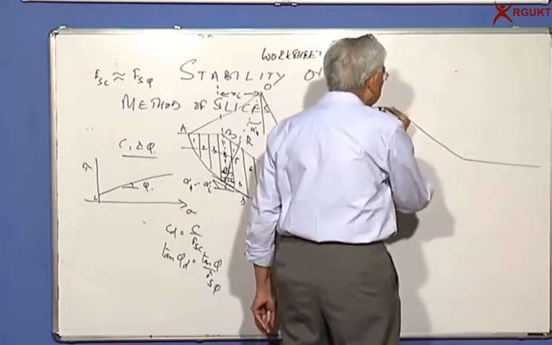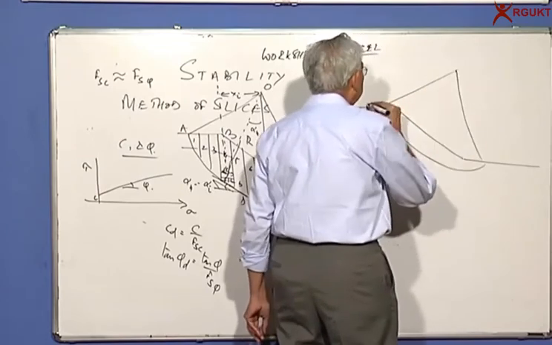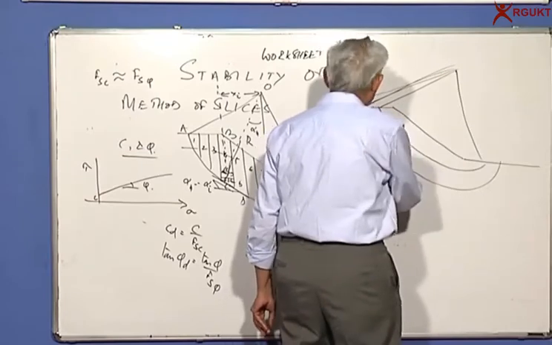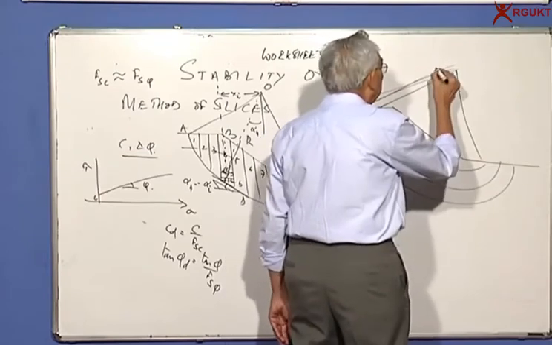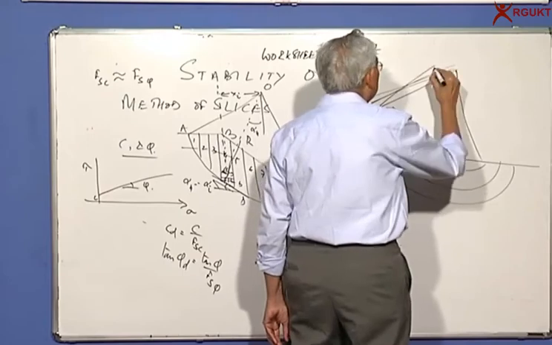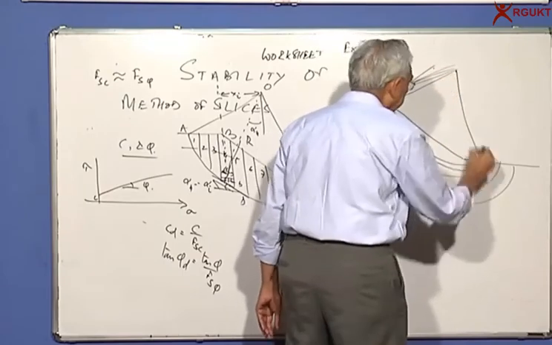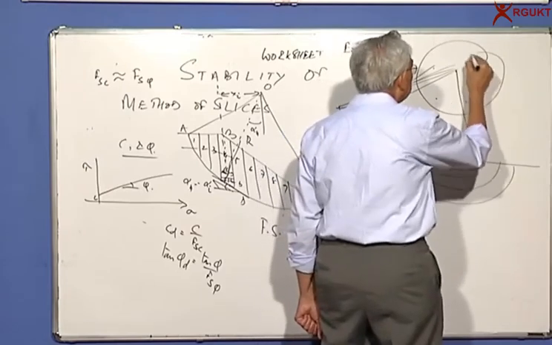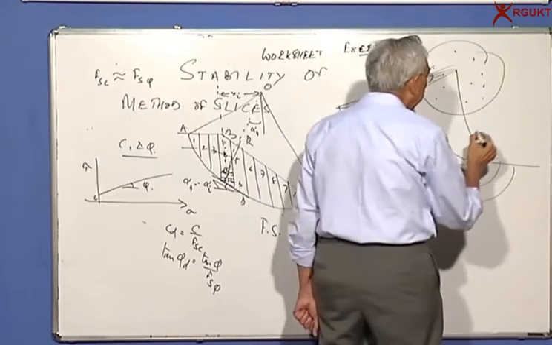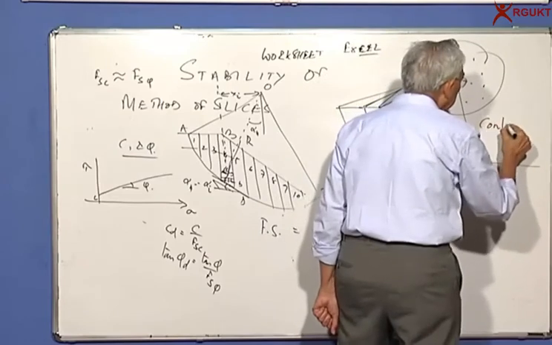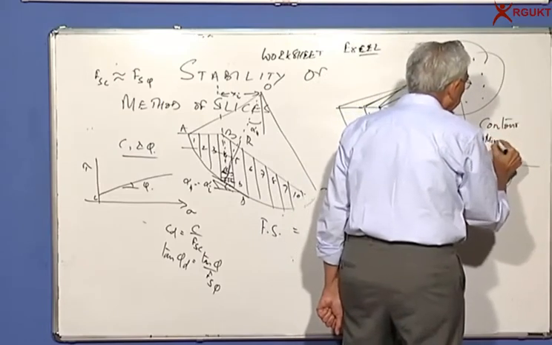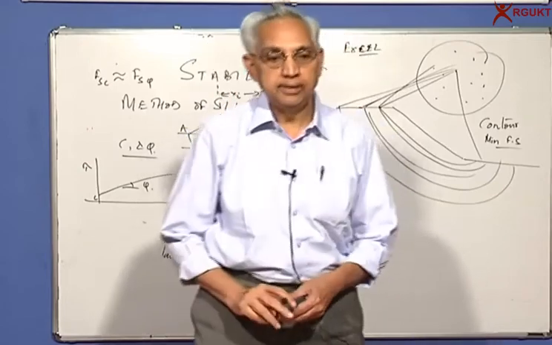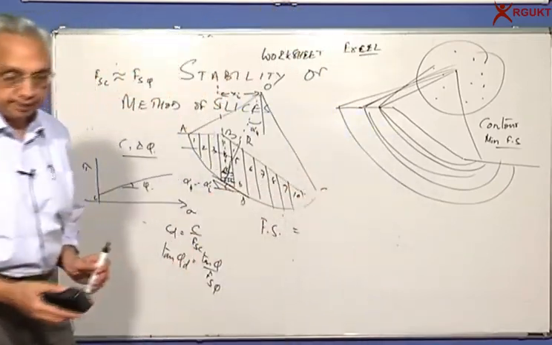Suppose I take this center, I can take another, a third with the same center, different circles, or pick up different centers and draw them. So over this region, look for different centers and different radii, and then contour it so that you get the minimum factor of safety. That's how we determine the least value as the factor of safety for a given slope.